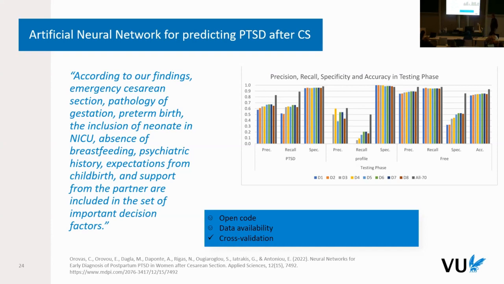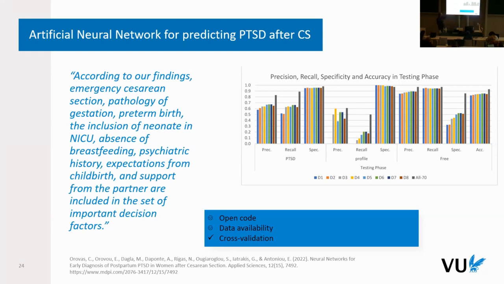And for prediction models, you need to look at precision, sensitivity, which in computer science is also called recall, specificity, and overall accuracy.